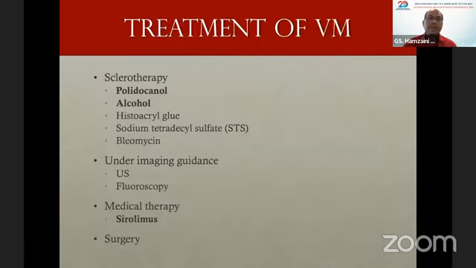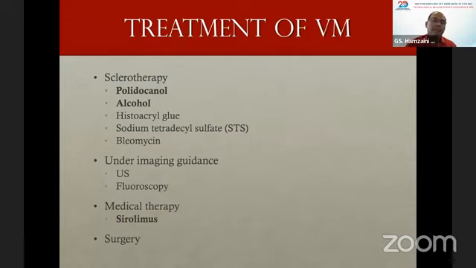Okay. Treatment. Of course, for venous malformation, we give polidocanol or alcohol, although some centers use STS, sodium tetradecyl sulfate. Some centers also give hydroxyacryl glue or bleomycin, but in our experience, we have done it with polidocanol, alcohol and bleomycin.